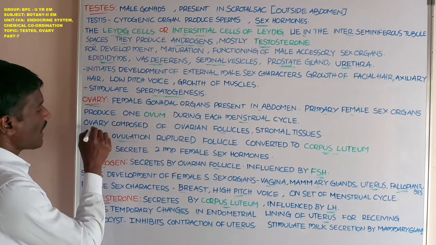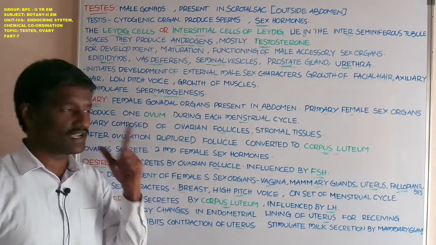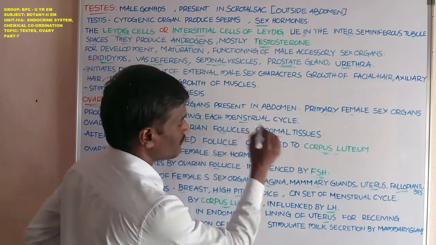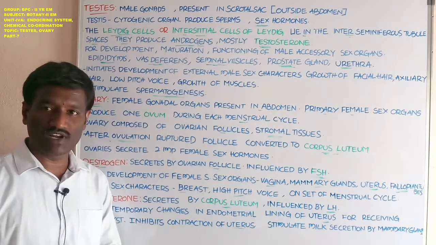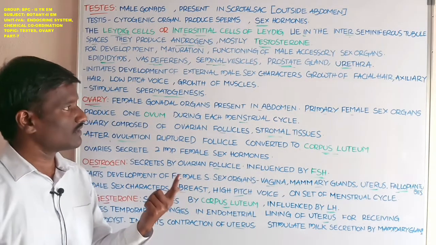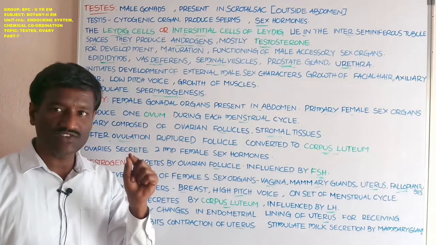The ovary is composed of ovarian follicles and stromal tissue, student. What about ovulation?